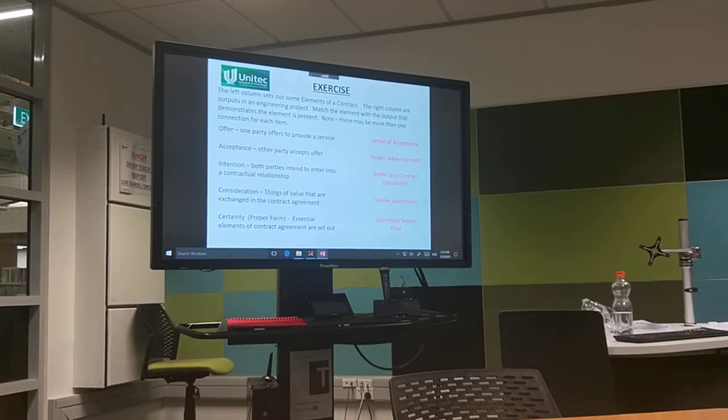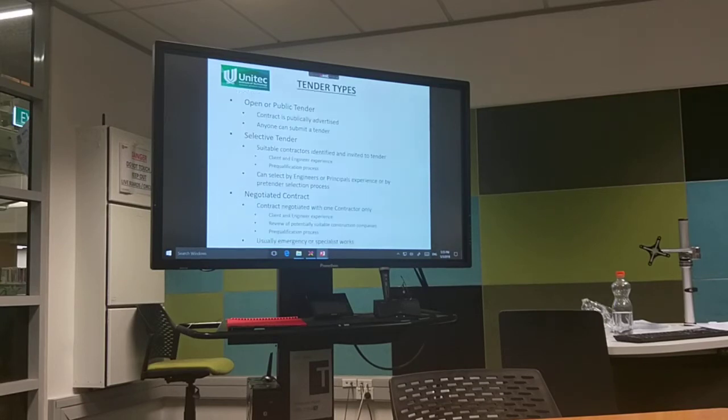The fact that the tenderer, the contractor, has submitted a tender submission, that is evidence that he intended to enter into a contract relationship. So the tender submission and the letter of acceptance, the tender document, those all are evidence that both of them are entering into a contract relationship.